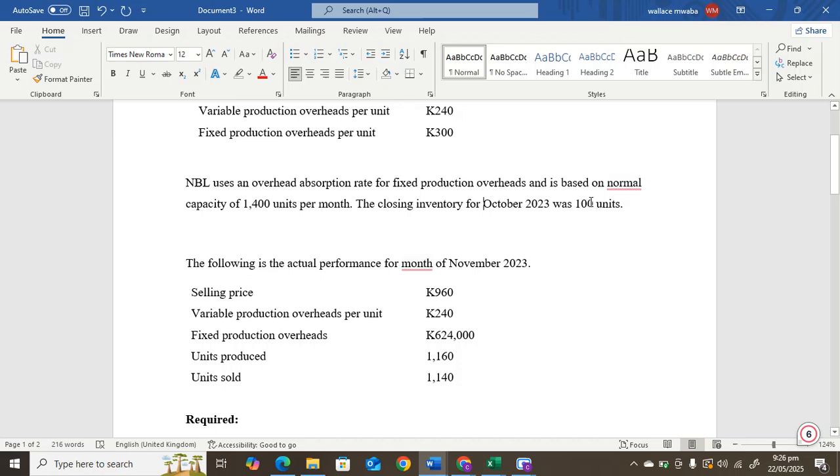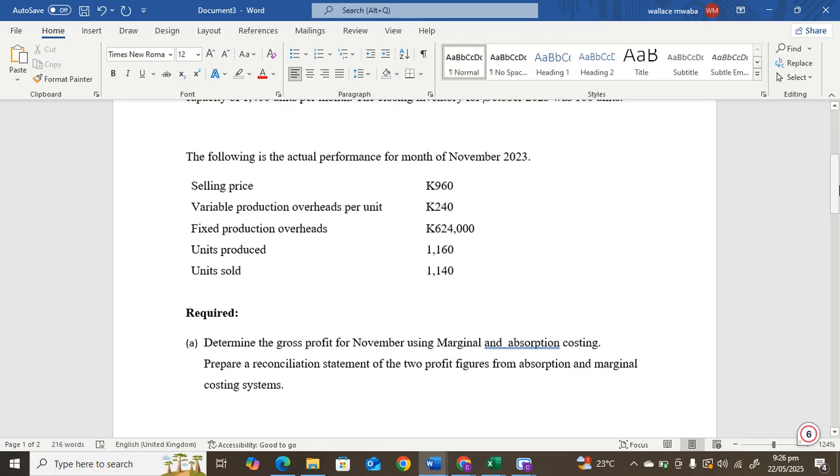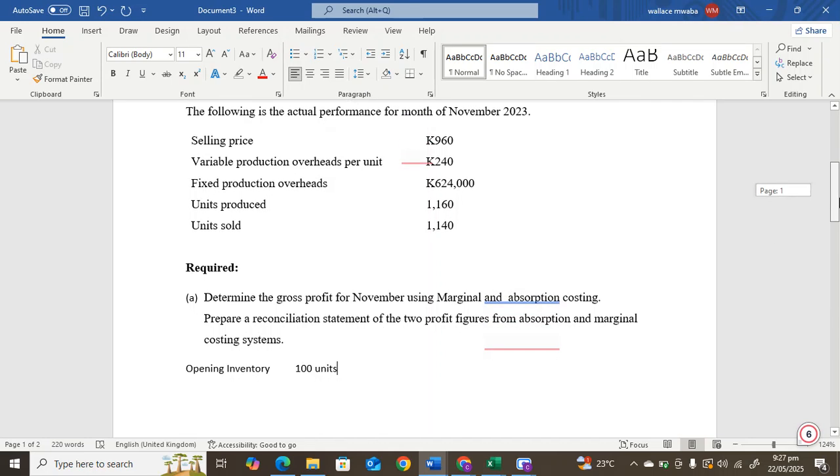So what would be our opening inventory, colleagues? If the closing inventory of October is 100 units, what's the opening inventory for November? 100 units.